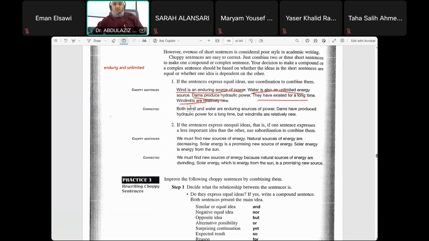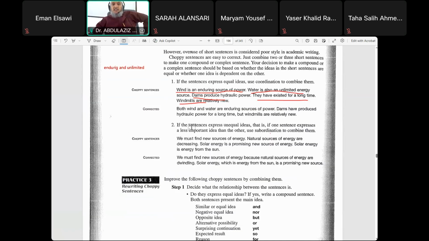Now look at this. Very beautiful. Okay, so these are not wrong. Again, choppy sentences are not wrong, but they are not preferable. They are not preferred. هم ليسوا خطأ لكنهم غير مرغوب فيهم. To avoid being choppy, link ideas if they are similar.